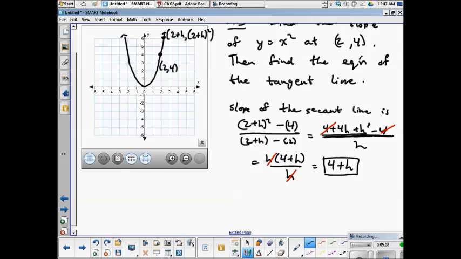We're really more interested in just the point (2, 4). So how can we eliminate that gap? We're going to take a limit. We will let h shrink to 0.